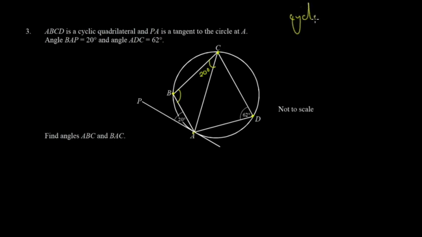Quadrilateral. So for this cyclic quadrilateral, the opposite angles are supplementary, they add up to 180. So here you can even say CBA plus CDA equal to 180 if you're asked to show working.